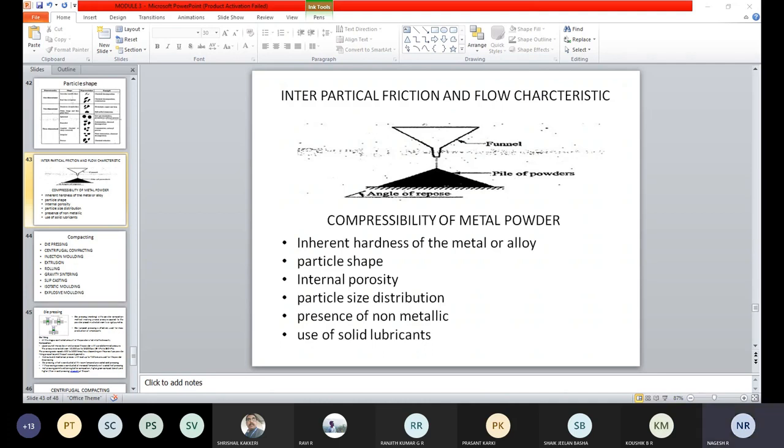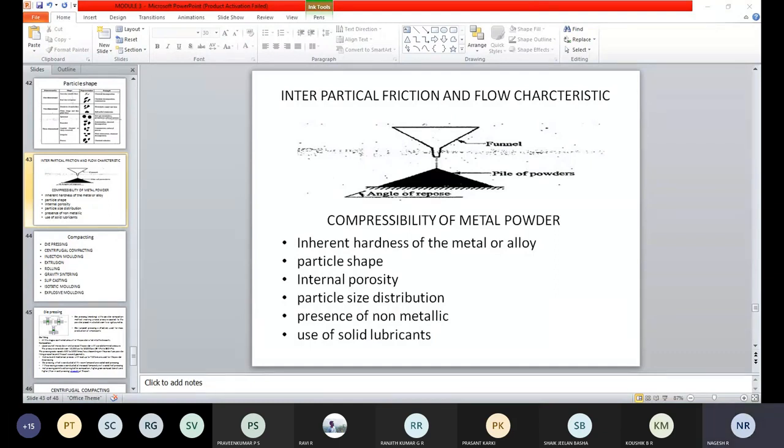Then the second point is particle size. As I have been saying from the start of powder metallurgy, a very important role is played by the particle size as well as the shape. If I consider the particle shape, irregular powders will have less compressibility.